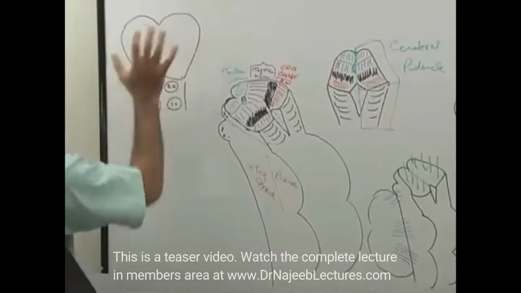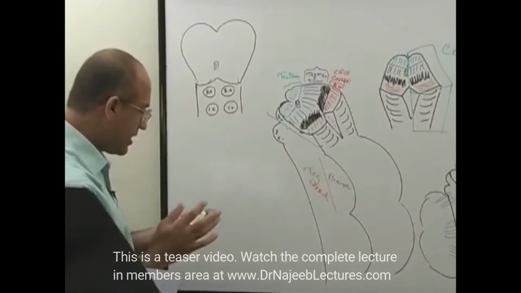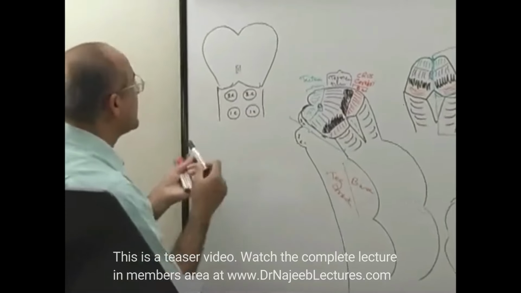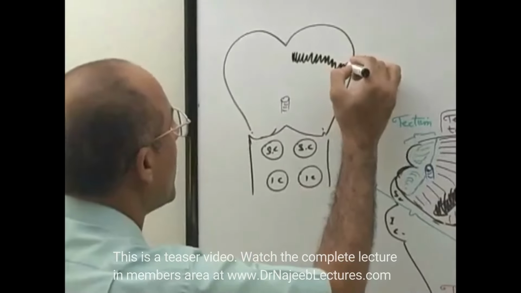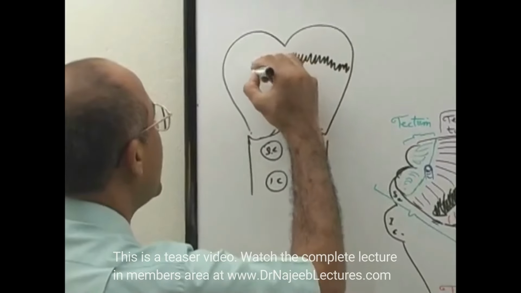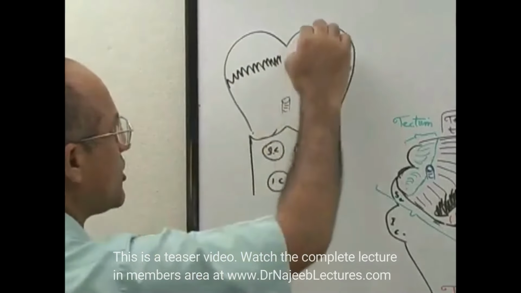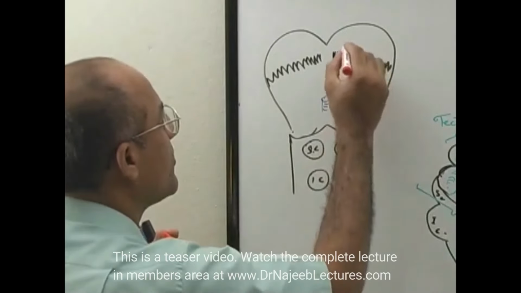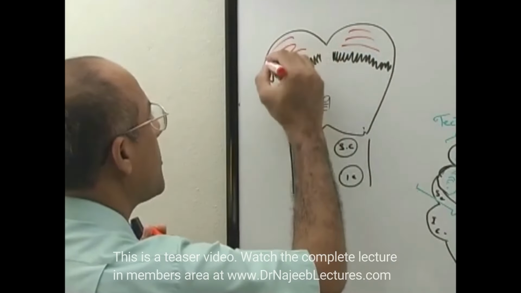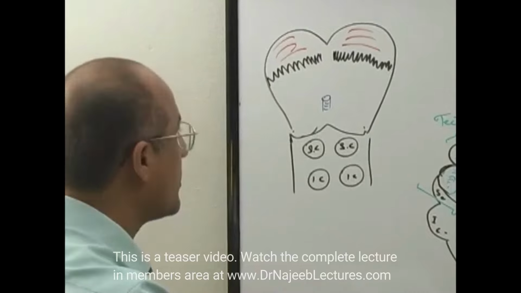Now, this is the view from the back. Again, whenever you think of midbrain, always first of all draw substantia nigra. So, now this is the front and this is the back. Now, you will tell me, what is it? Crus cerebri. Very good.